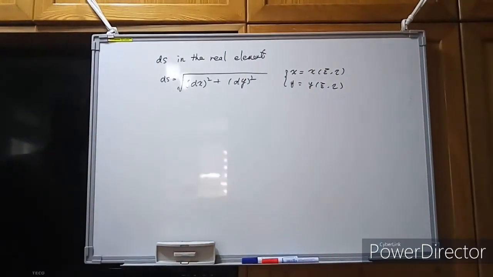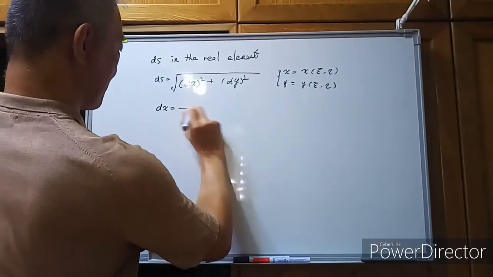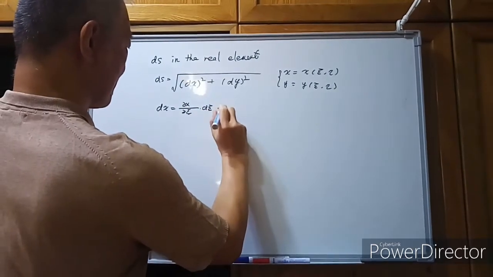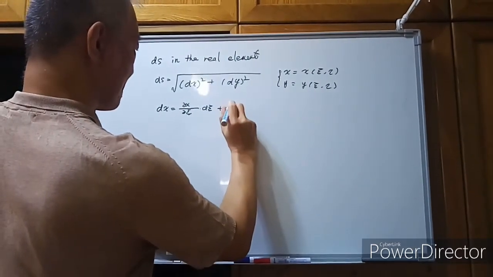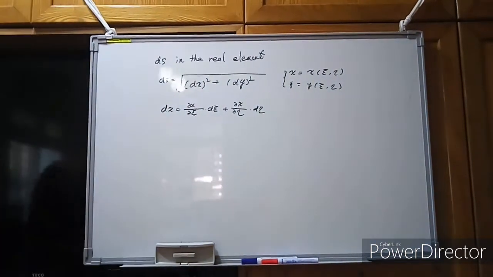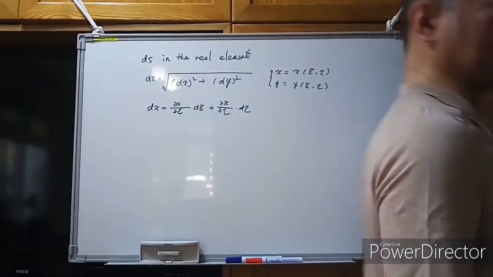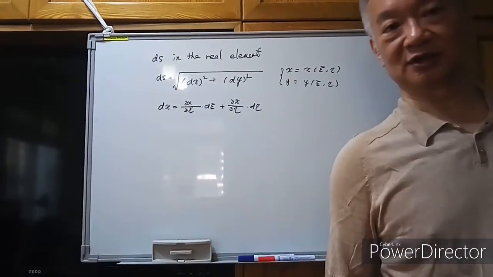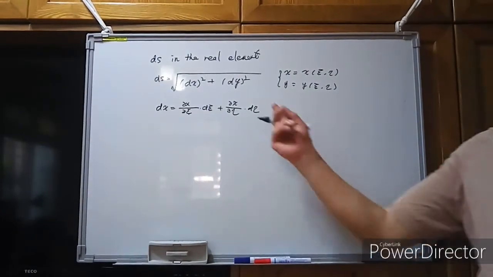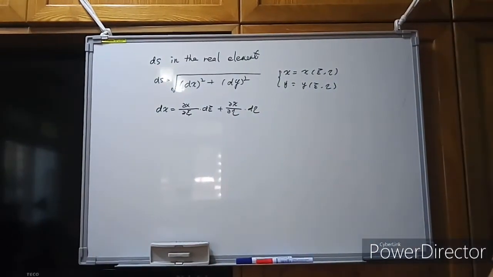So what is the dx? We can calculate the dx. First, we take the partial derivative of x with respect to c, multiplied by dc. And also we calculate the partial x to partial eta, times d eta.